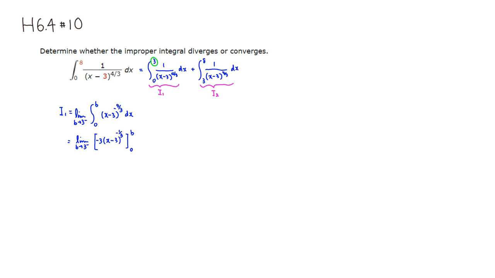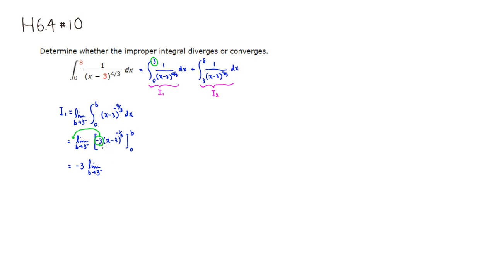The negative 3 is a constant, just a number, so I'm going to put it right in front, and we get negative 3, and we still have to take the limit as b approaches 3 from the negative side, from the left.